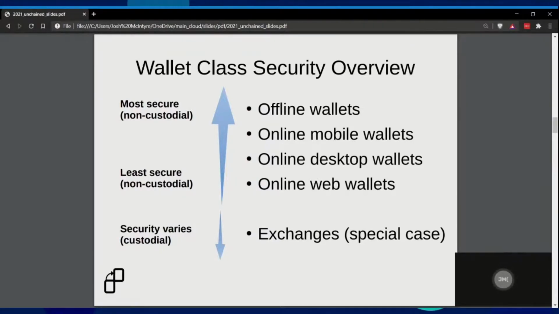Prominent examples would be Coinbase, Binance, Gemini. It's a special case because we're not talking about users being responsible for their own money. We're talking about a custodian, and then we have to talk about the security and hygiene of how the user logs into that custodian, along with the custodian's storage practices themselves.